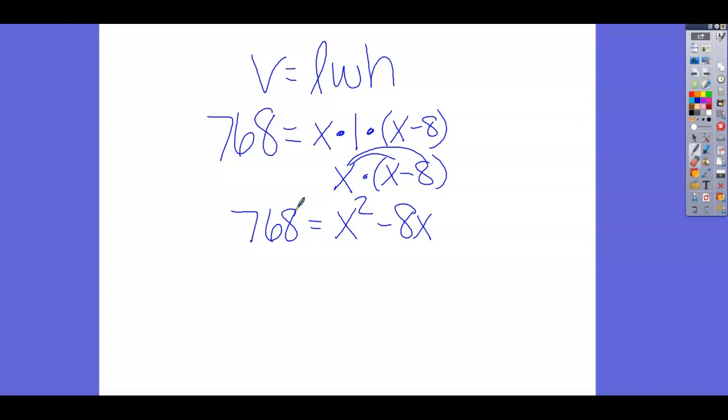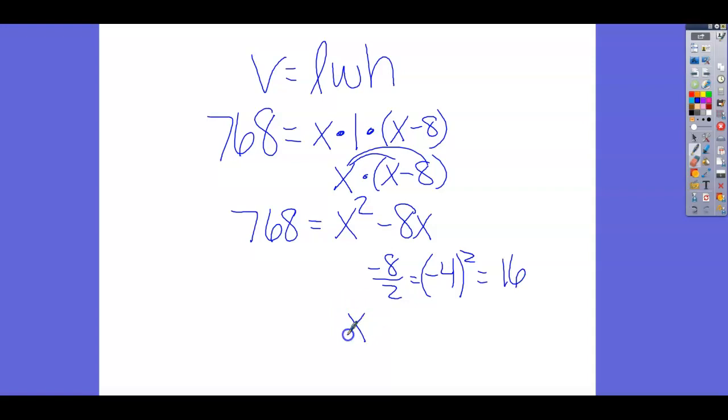Then B says, find the dimensions of the glass case by completing the square. So the first thing is I need a binomial. Do I have a binomial? Okay. So then I take B and divide it by 2. So what's B? Divide it by 2, I would get, and then square that, I would get, perfect.